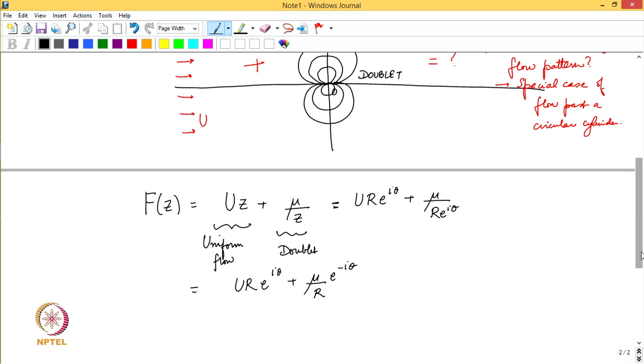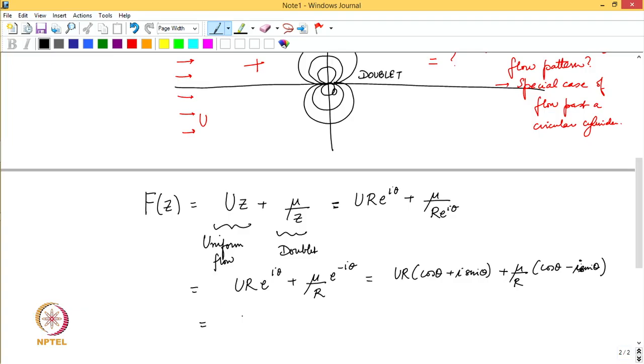In terms of cosine and sine functions, this is u r (cos θ plus i sin θ) plus mu by r (cos θ minus i sin θ), and we can combine the real terms in one expression and the imaginary terms in another.